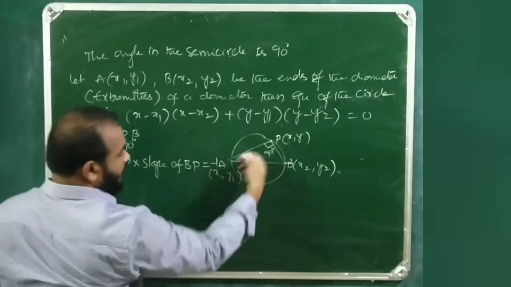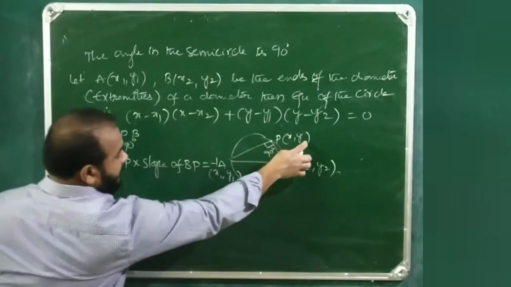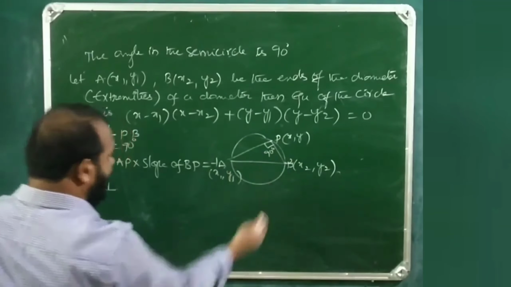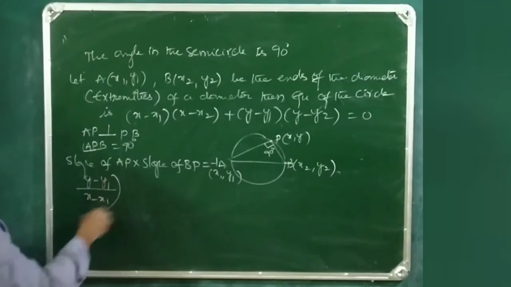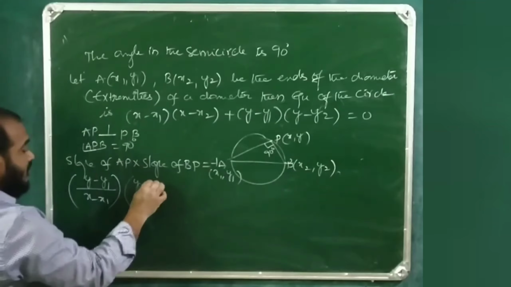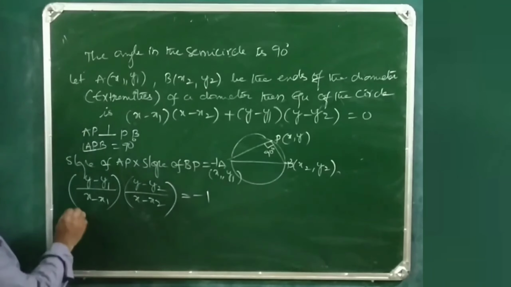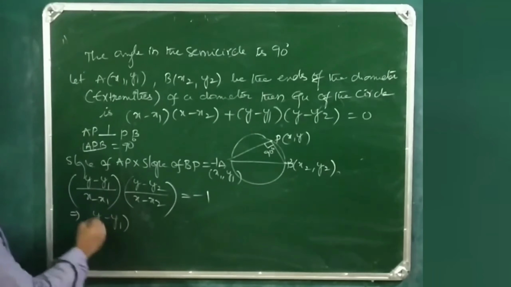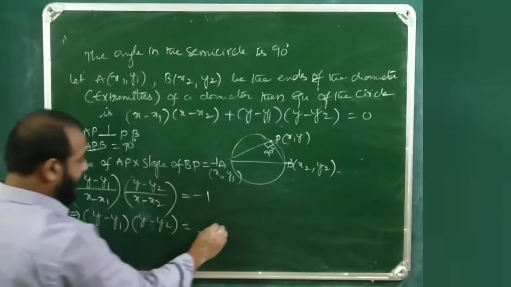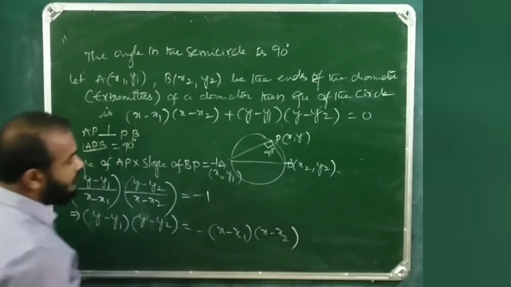So here the slope is y minus y1 by, what is the slope? Difference of ordinates by difference of abscissae. So (y minus y1) by (x minus x1), and here (y minus y2) by (x minus x2). This is equal to -1. So from this, by cross multiplication, (y minus y1)(y minus y2) equals minus of (x minus x1)(x minus x2).